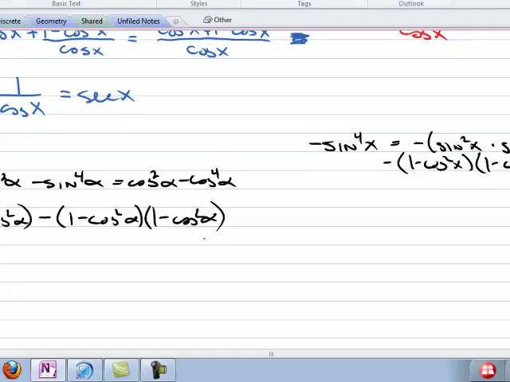Here's what I noticed. I don't know if this is going to take us in the right direction or not. But I noticed there's commons everywhere. And 1 minus cosine squared alpha is common. And if I factor that out, I'm left with 1 here. And I'm left with minus a 1 minus cosine squared alpha.